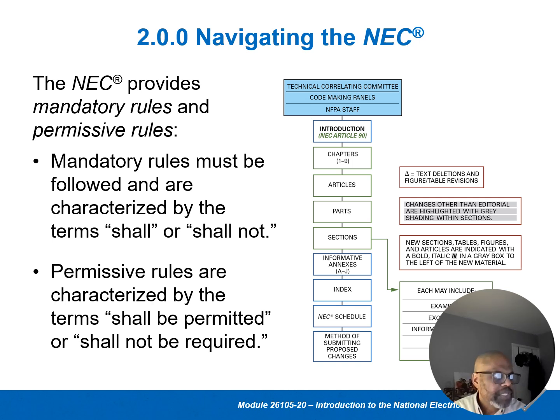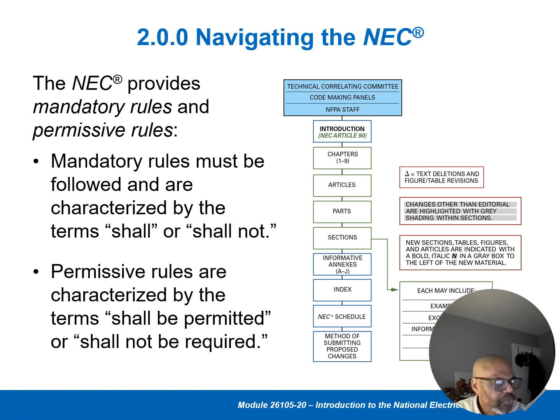So let's look at this flow chart. If we look at how everything's put together, we have the introduction, which is Article 90, and then we have all the chapters 1 through 9, and those would be articles dealing with very specific things.